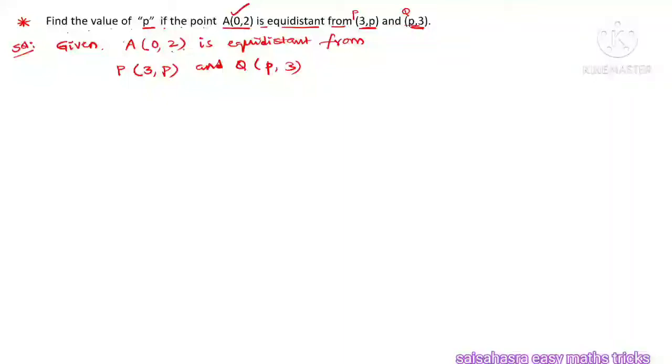Diagrammatic representation: A point has equal distance. Equidistant means having equal distance from P point and Q point.